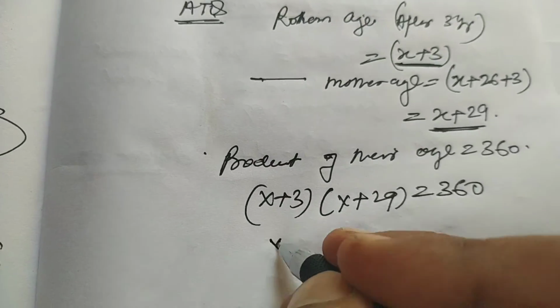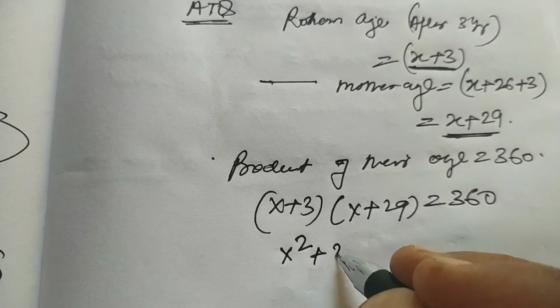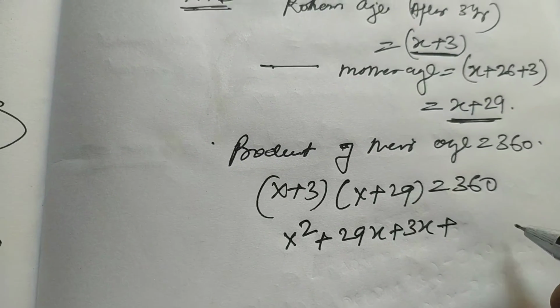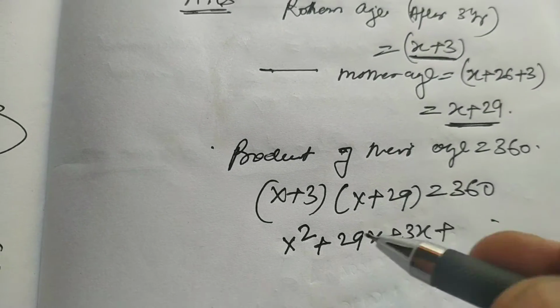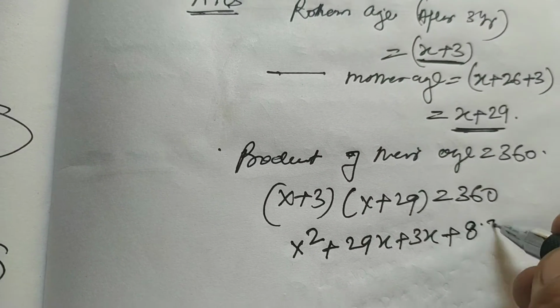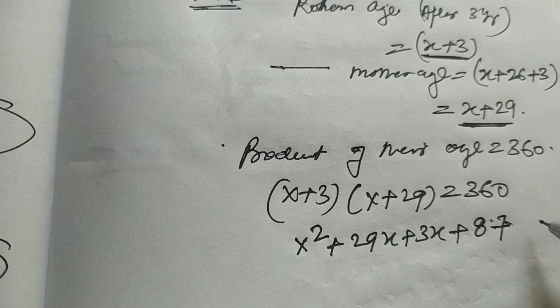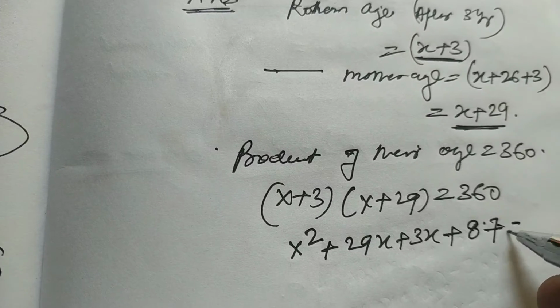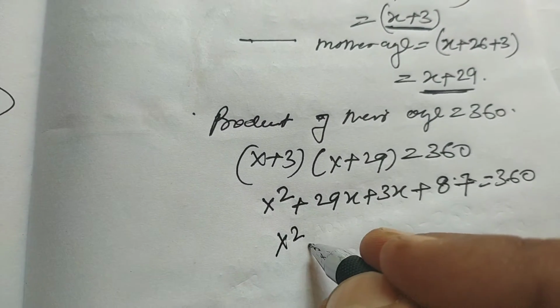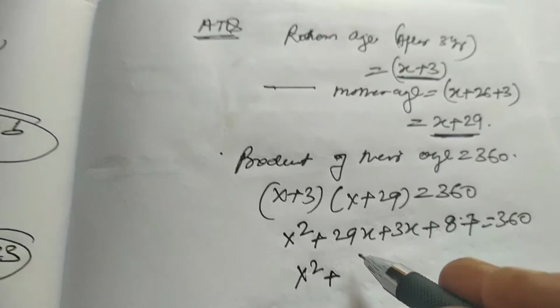Now this is x square plus 29x plus 3x plus 3 times 29, that is 87, is equal to 360. Now we have to add the like terms.